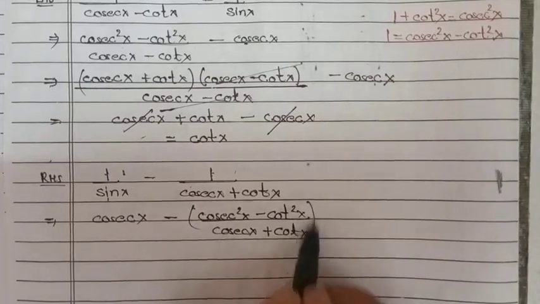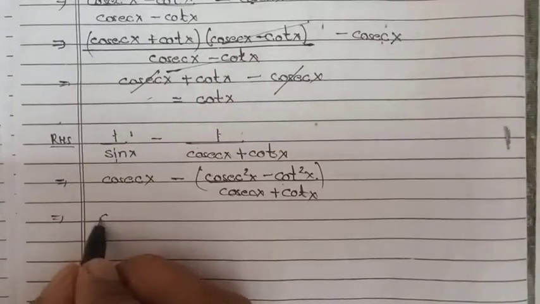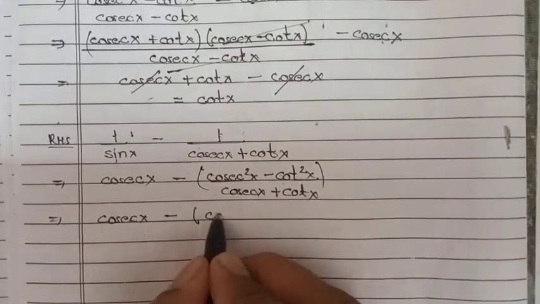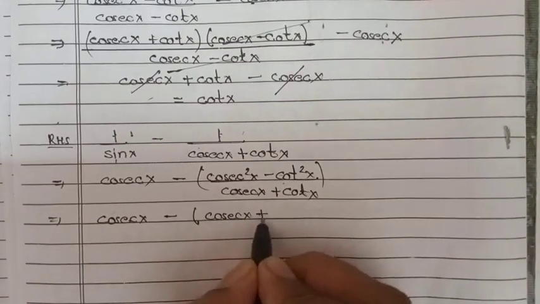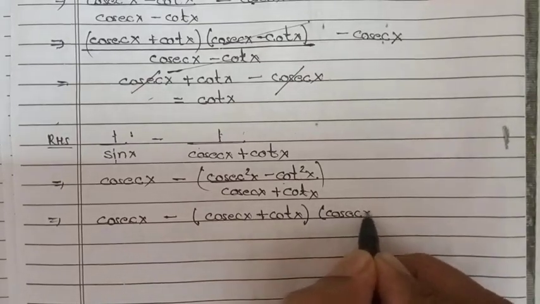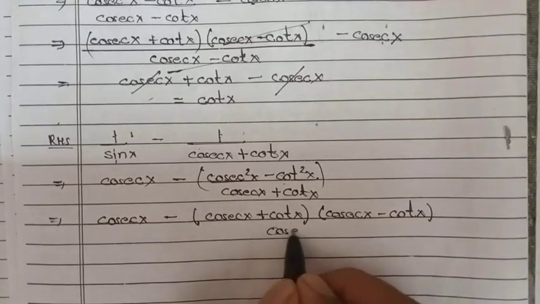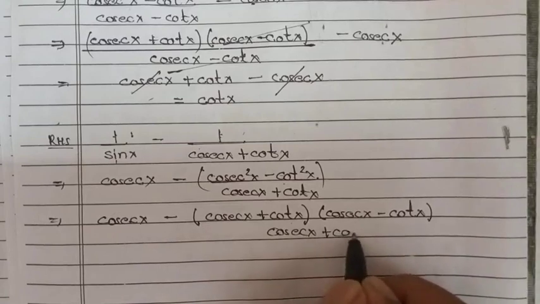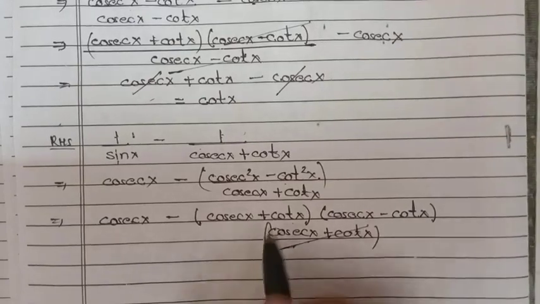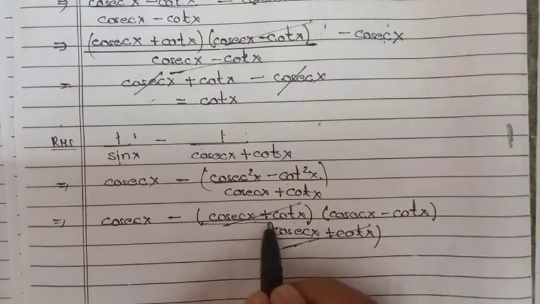Now what we will do here, we will apply a square minus b square. So we will be getting a plus b into a minus b whole upon cosec plus cot. Now here you can see this cosec plus cot will cancel out in the numerator and the denominator place.